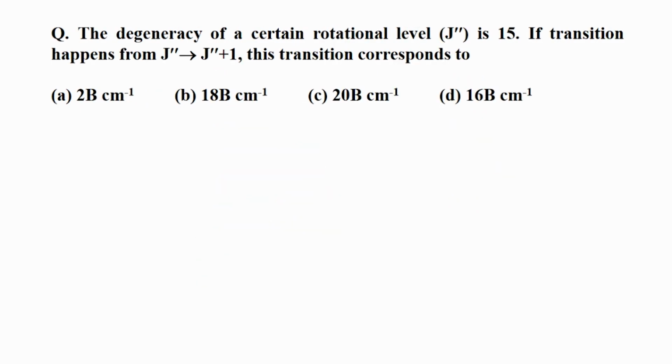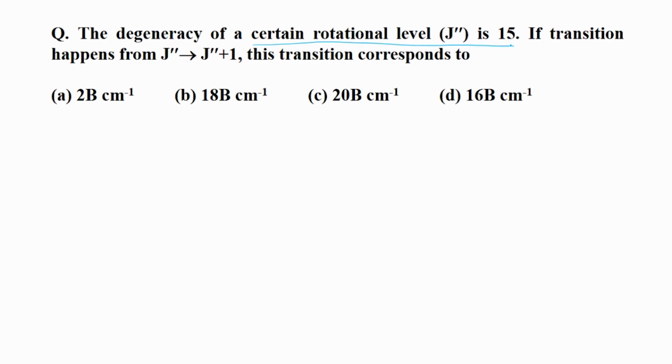Now, we have another question: the degeneracy of a certain rotational level j double prime is 15. So, in the last problem we calculated the degeneracy. In this problem the degeneracy is given.